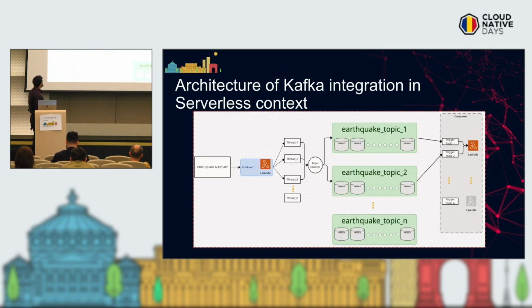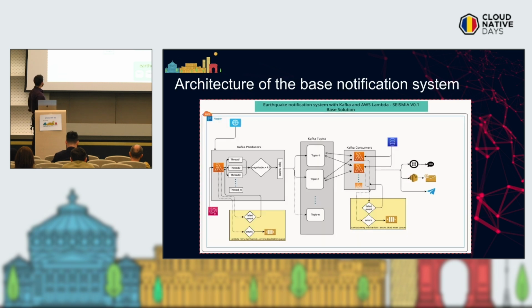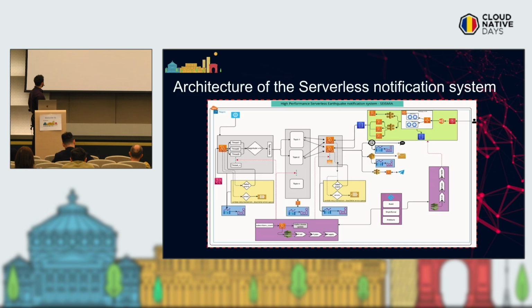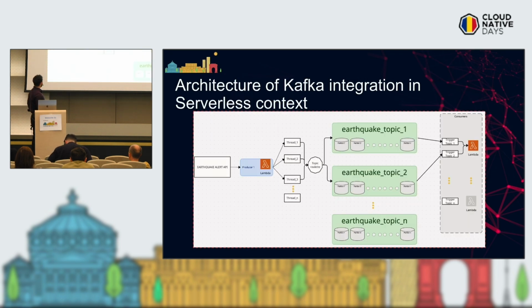The architecture for the Kafka integration in a serverless context. Like I've said, on the left we have the APIs, the data from the institution. We have the producers, linked with multi-threading. We use a topic roulette on top of what Kafka provides, so as not to override the same notifications in the same partitions, another layer on top.